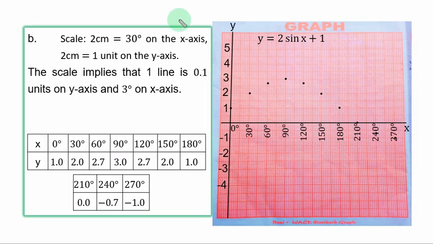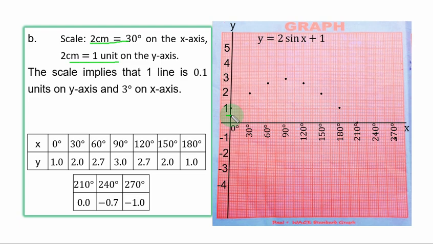B part of the question is to draw the graph. Let us start by restating the given scale. 2 cm to 30 degrees on the x-axis, 2 cm to 1 unit on the y-axis. This graph we have here, each box or square contains 5 lines.